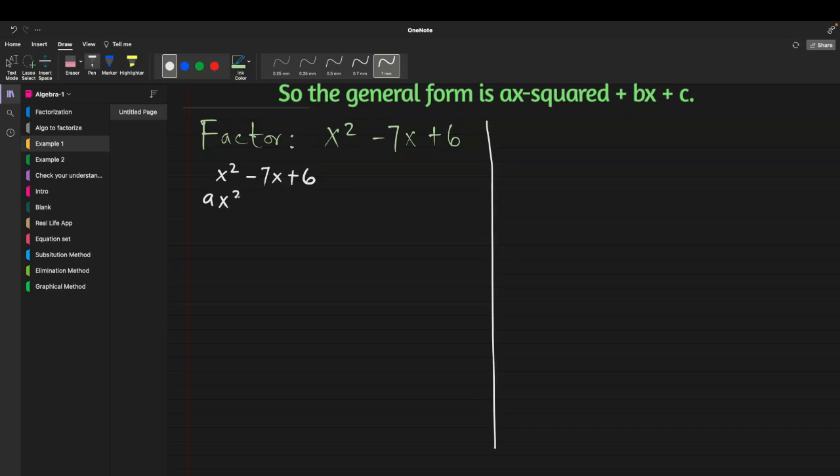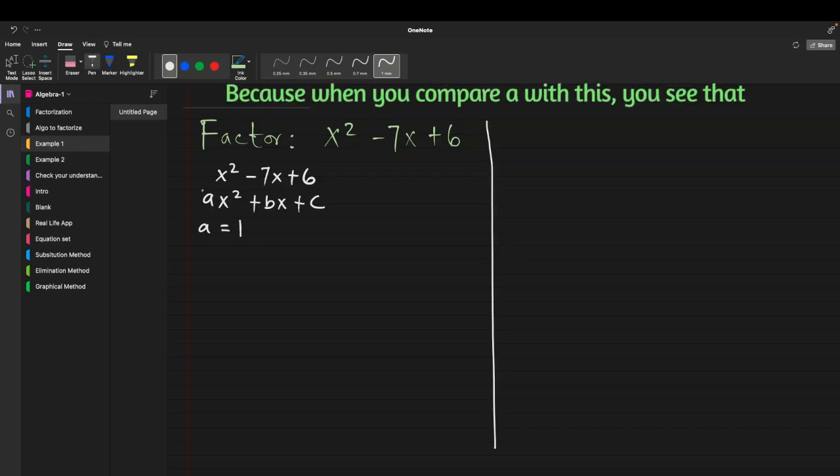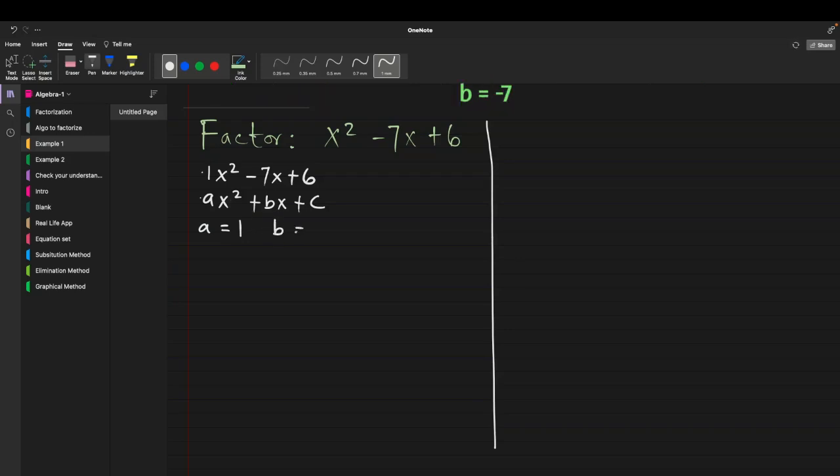The general form is ax squared plus bx plus c. So in this case, our a is equal to 1, because when you compare, you see that there's 1 here, even though it's not expressly written. b will be equal to minus 7, and c will be equal to 6.